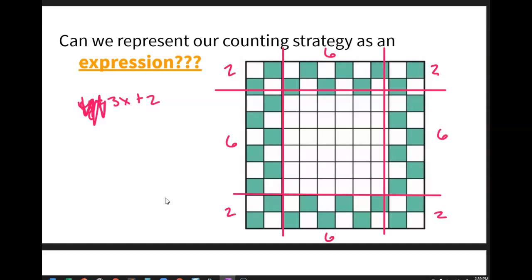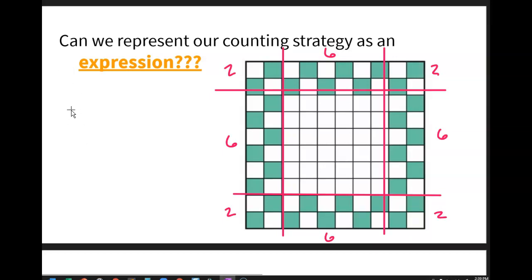An equation is called that because it has an equal sign in it. An expression is just numbers and variables put together. Multiplied, divided, added, all those things we can do in expressions. It's just one side of an equal sign. So what might we put on one side of an equal sign that would equal the number of tiles here?